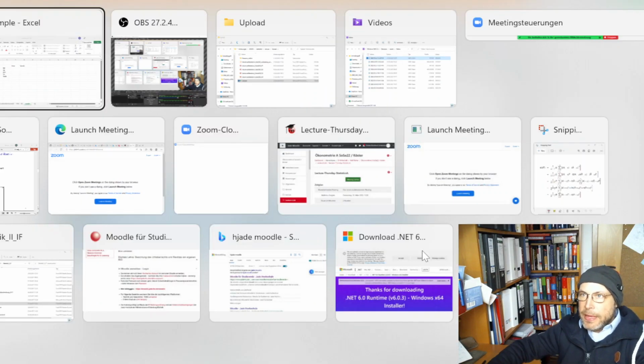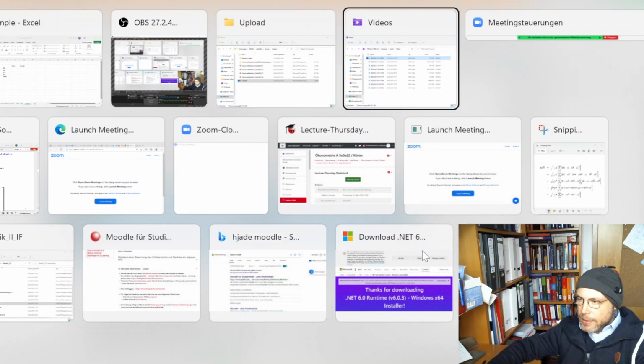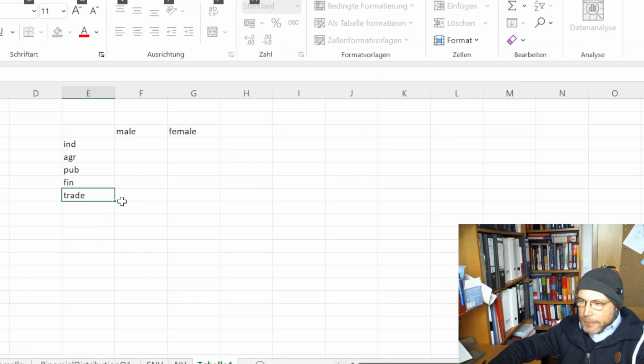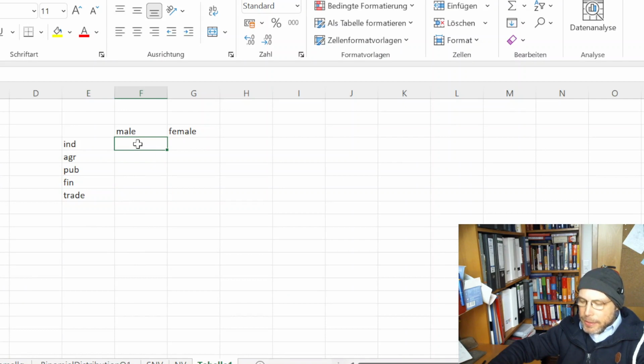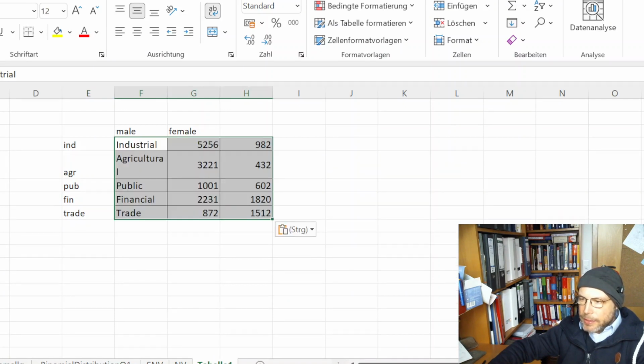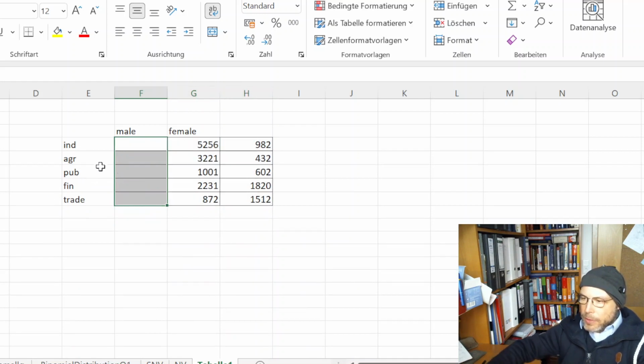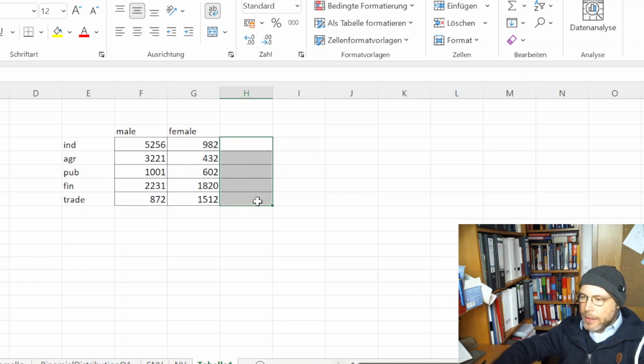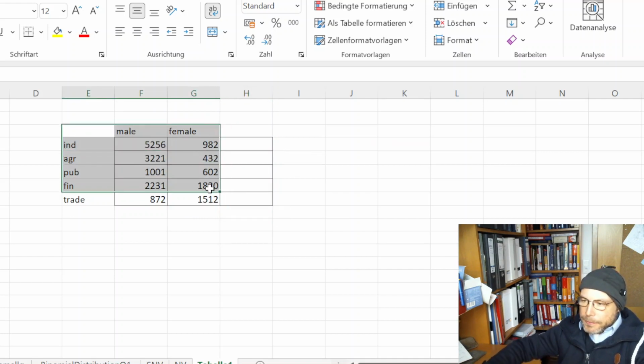So we see it, and then you just go on, and this is always a try and error because you don't know the format of the PDF file. So let's see if it works or not. Yes, it works. So this is a way how you get the data quite easily out of a PDF file. Just try and copy it, and then you are where you want.